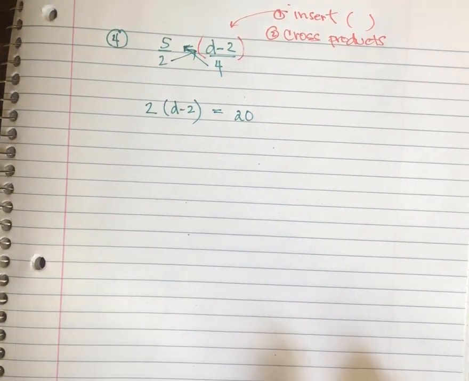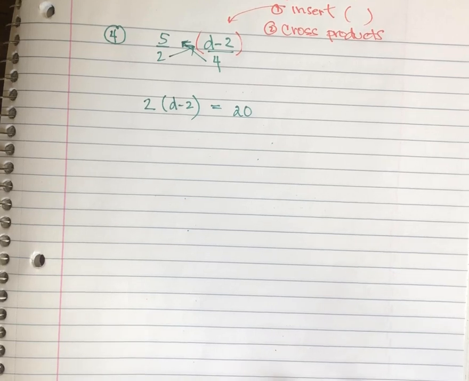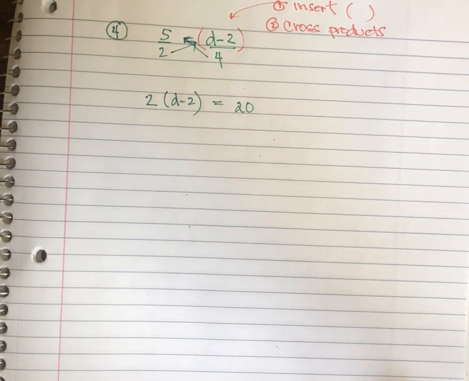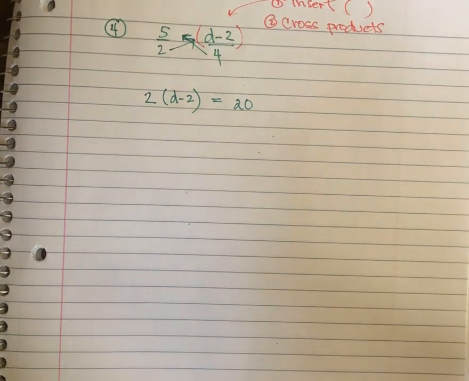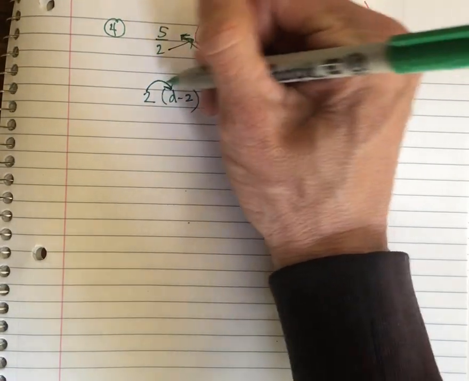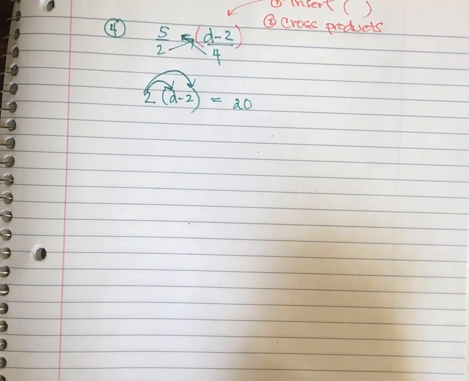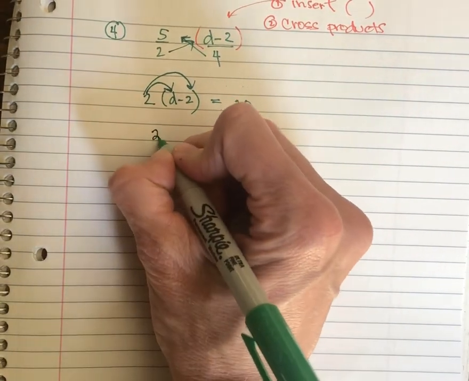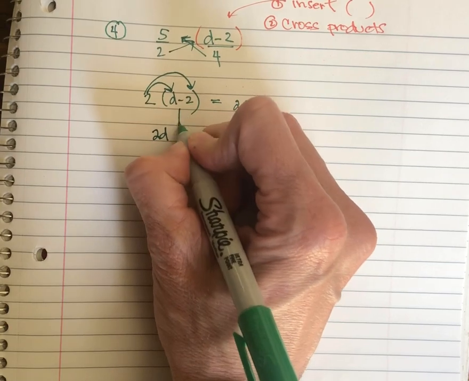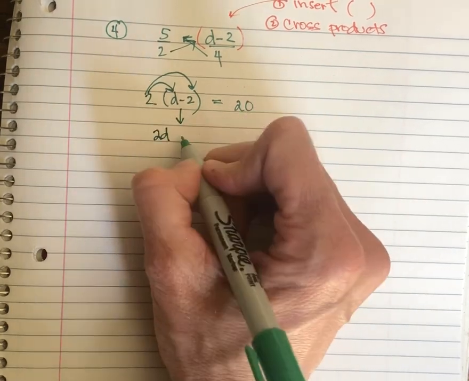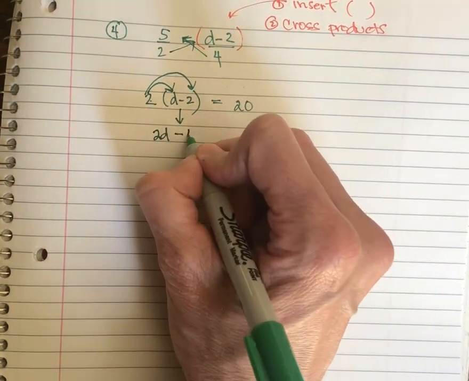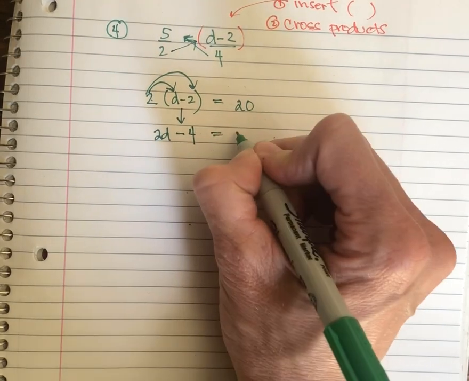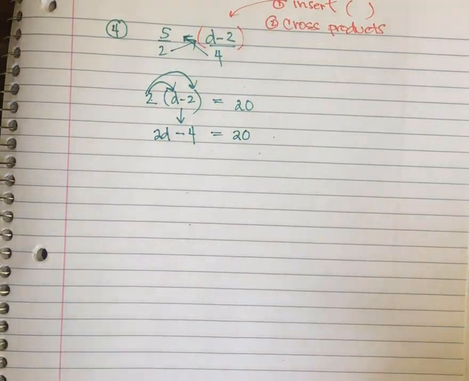Now this might be a little complicated, but it's definitely doable. We can use our distributive property. 2 times D is 2D. Drop down subtraction. 2 times 2 is 4. Drop in our equals and our 20.